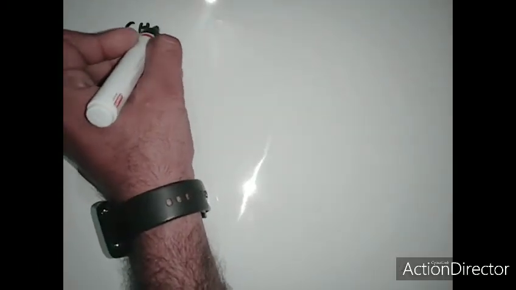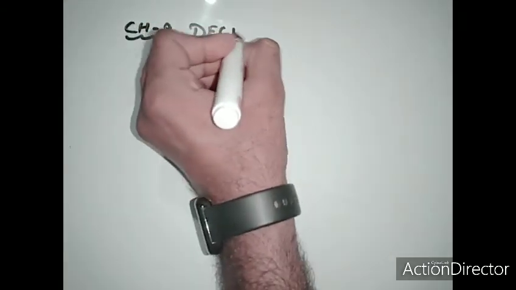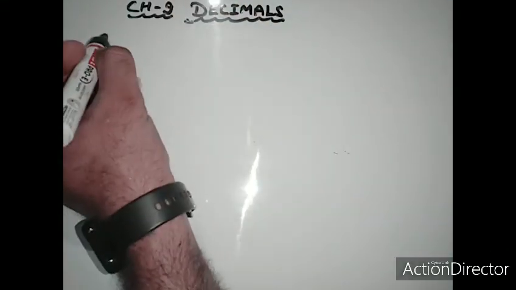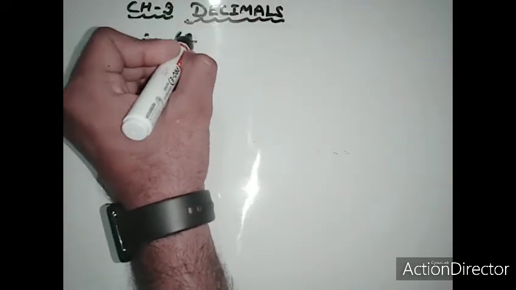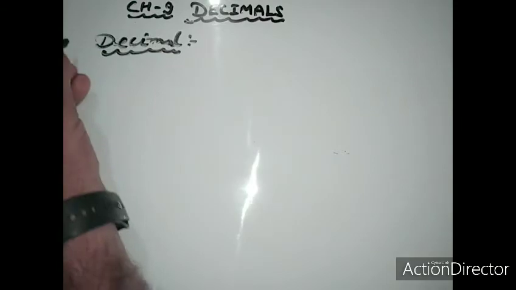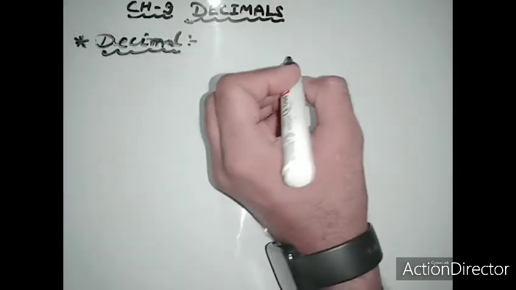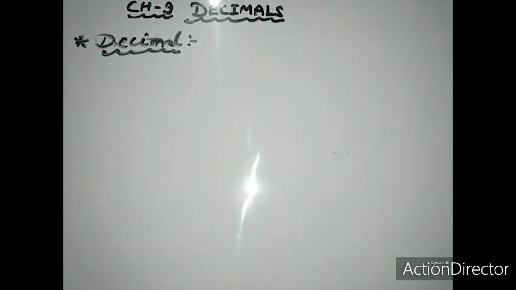Now students, here we will discuss chapter number 9, decimals, right? Now students, here we write the definition of decimal. Decimal is the dot or the point between two digits, right?